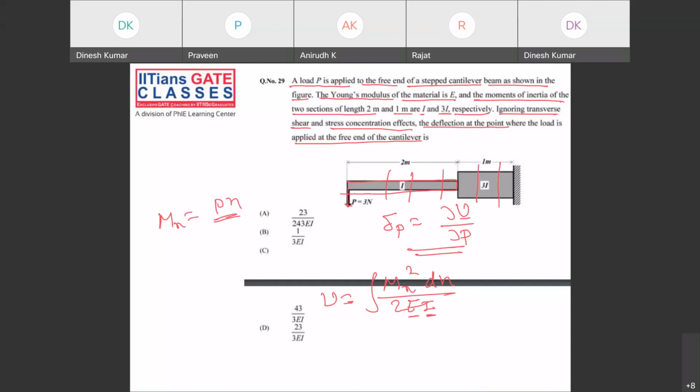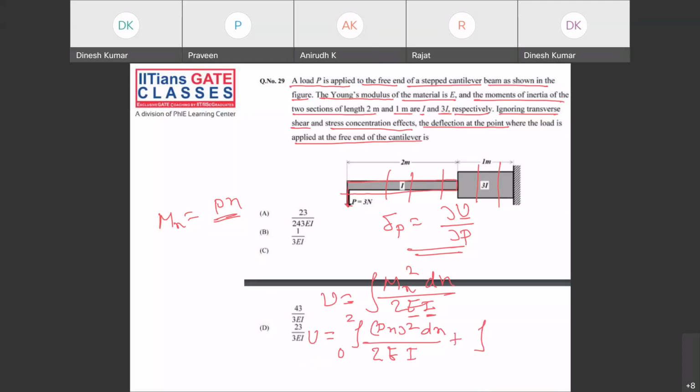So if you find your total strain energy, it will be, guys, first from 0 to 2, what is your Mx? It is Px, whole square, dx, over 2, material is E, and the I value is I alone.